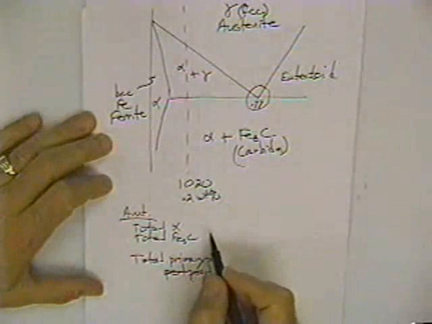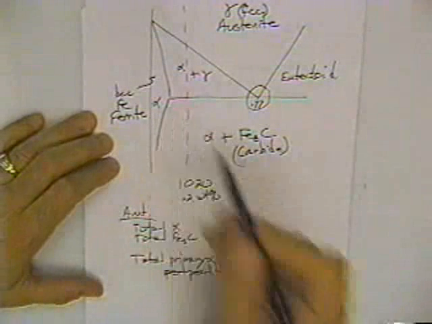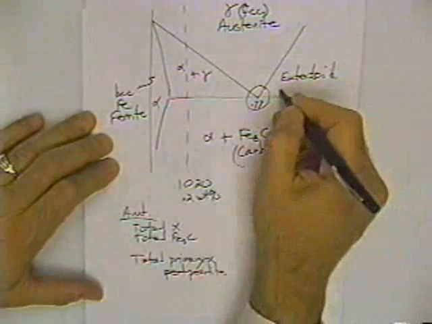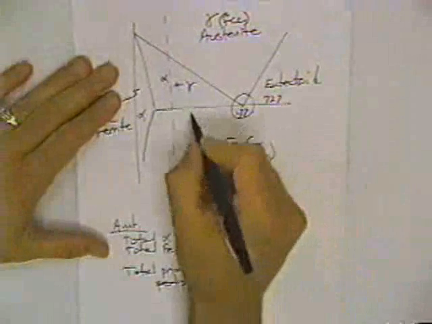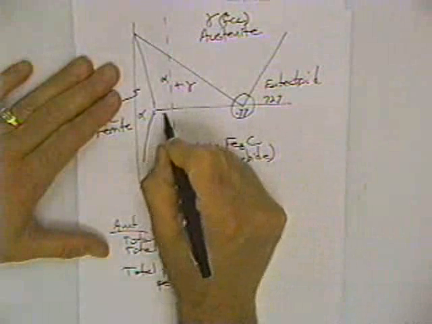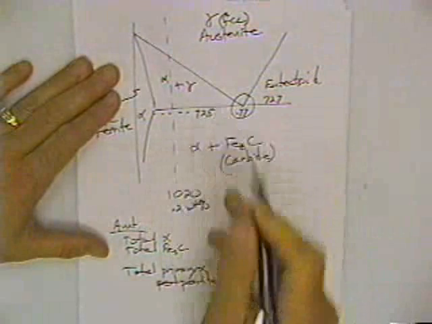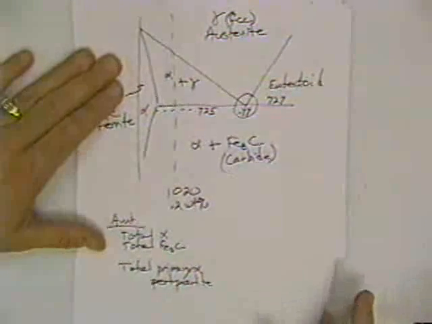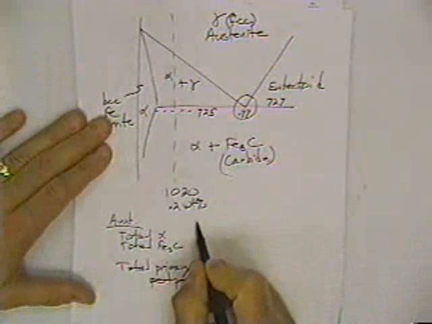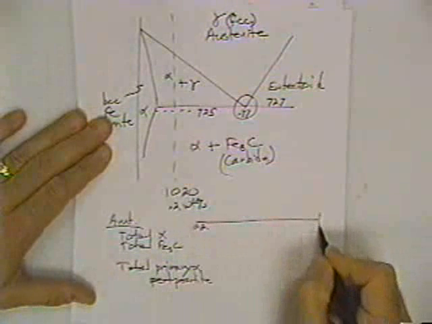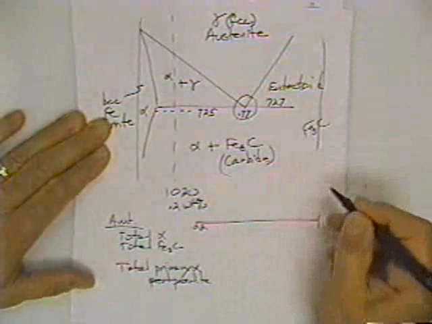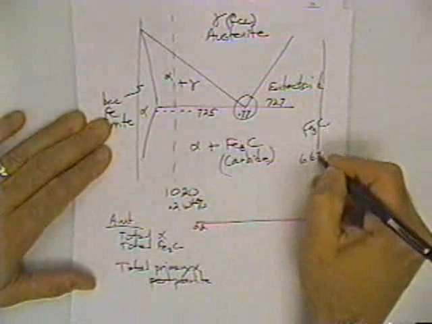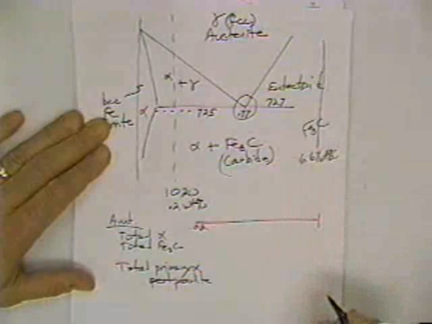Now the amount of alpha in here, we would draw the tie line between, and we need to choose a temperature. This temperature is, let me make sure I got the right number here, 727. So just to make this easy on ourselves, let's say we're at 725. So we can use those phase boundaries. So the total alpha then, the lever arm would go from 0.02. Well, now how far is it going to go over here on the right? Well, Fe3C is 25 atomic percent or 6.67 weight percent carbon.